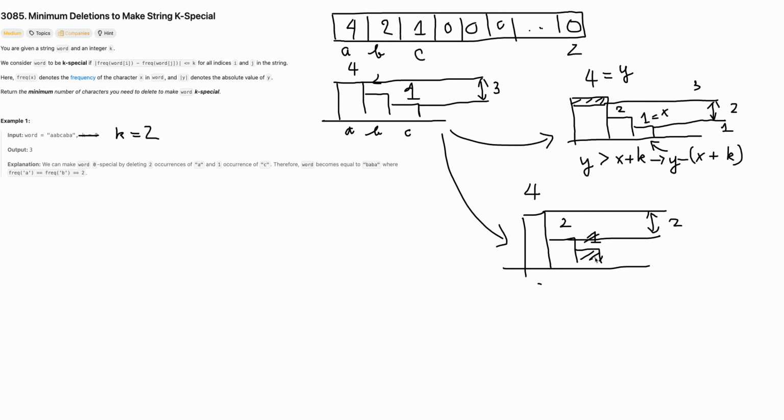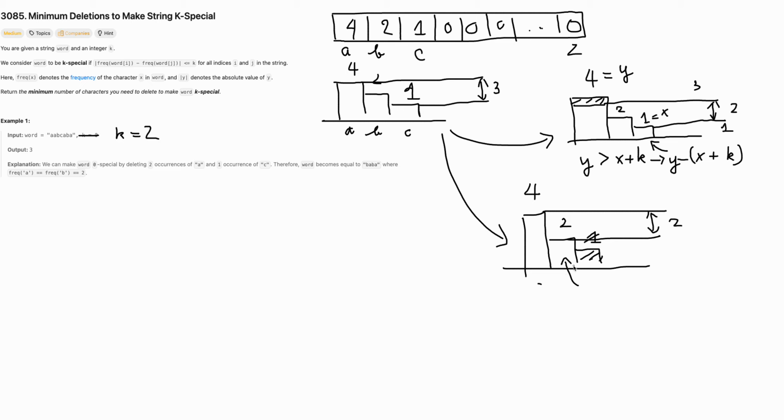Okay, the second one will give us another intuition. We can see that in here, because we considered this one the lowest frequency, right? Okay, what if I delete this one? Then another one can be the lowest frequency. Okay, so what is the intuition in here?